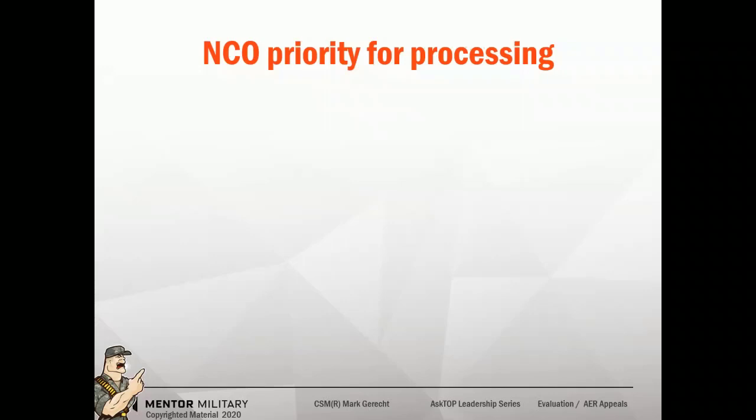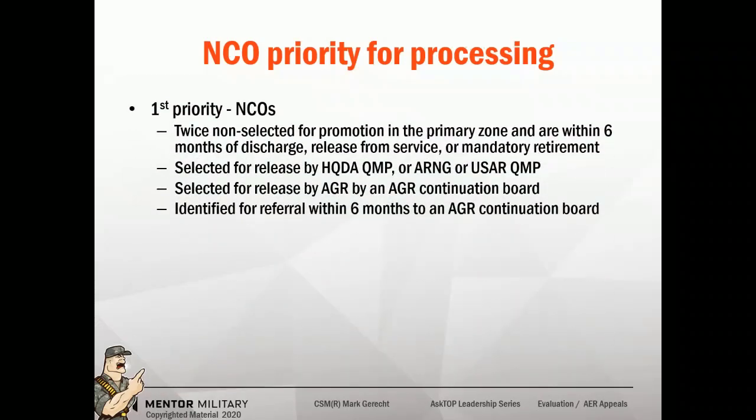So the priorities for NCO processing: priority 1, twice passed over for promotion in the primary zone or within 6 months of discharge, release from service, or mandatory retirement.